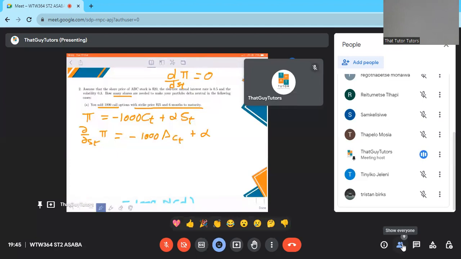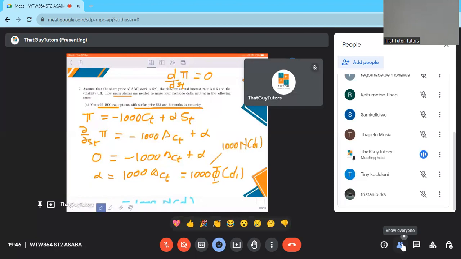We have previously calculated the value of the delta, right? It is going to be the standard normal cumulative function of D1, right? So basically it is 1,000 times N(D1). So you just need to find what that D1 is, by substituting these values over here.